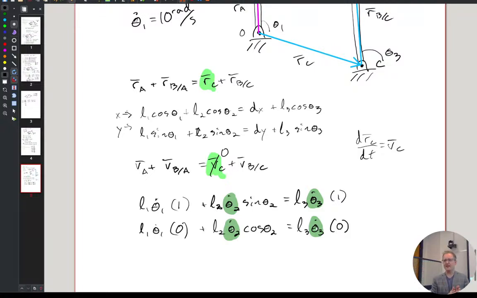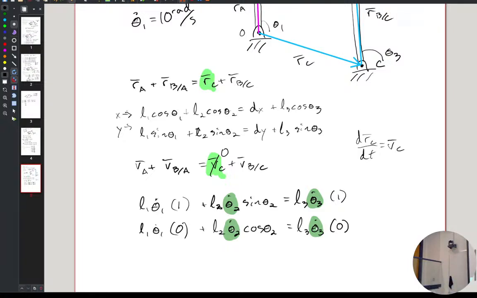Do we know anything about theta 2 dot at this point, even without solving for cosine theta 2? Some gut feeling. It's got to be 0, right? Because cosine theta 2 is not 0 right now.